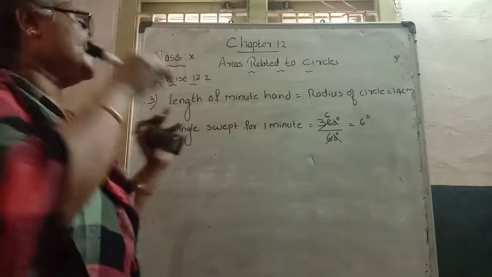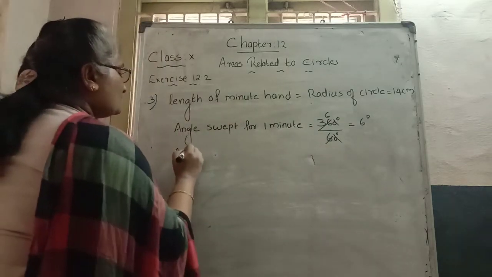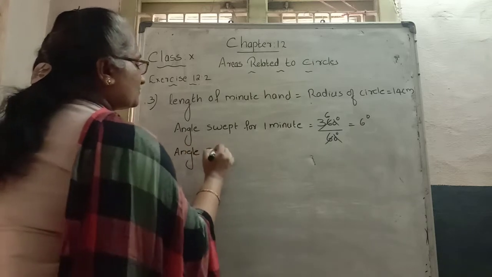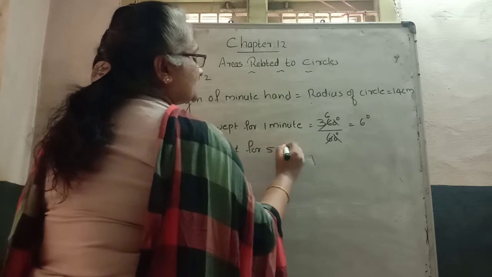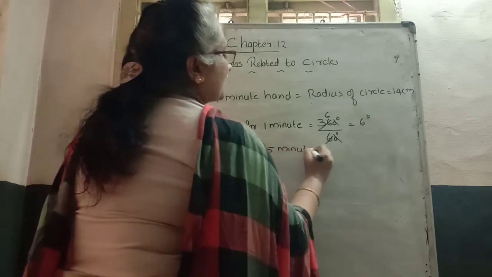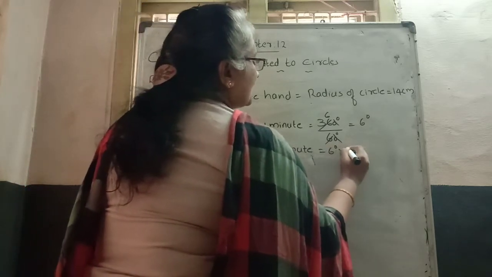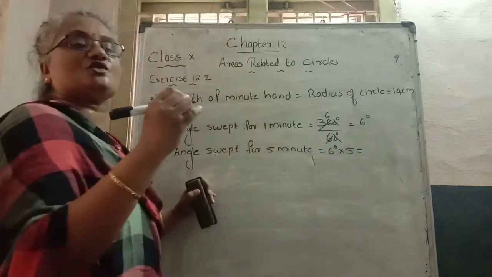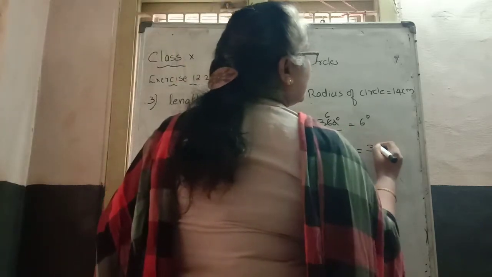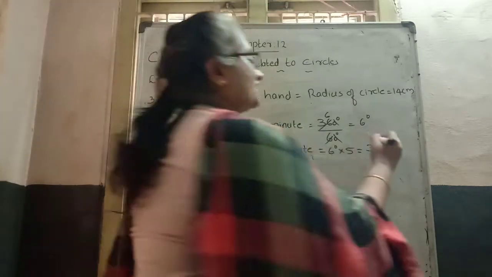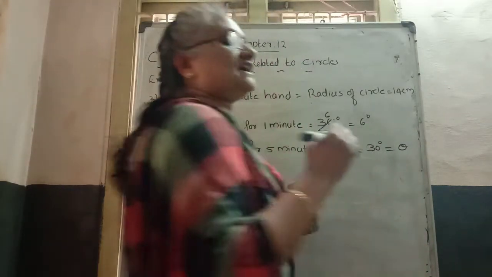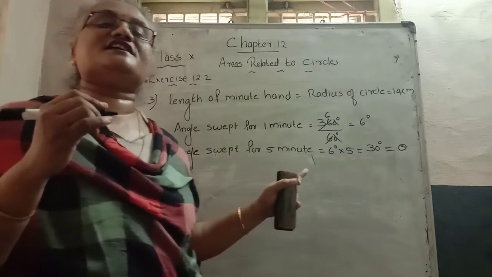Here I am asking 5 minutes case. So find the angle swept for 5 minutes case. 1 minute is how much? 6 degree. For 5 minutes, 6 into 5 comes to be how much degree? 30. So remember this degree represents our theta value, our angle. Now we got 30 degree.